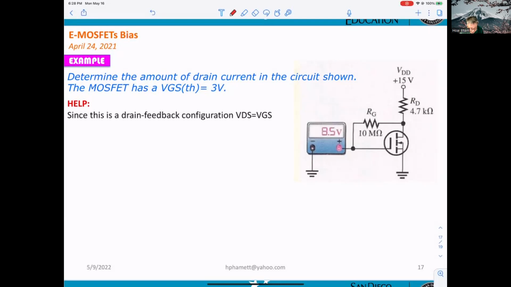You have seen this is the drain feedback configuration. They're telling you VDS equal VGS. This is the D here, S here, VGS.